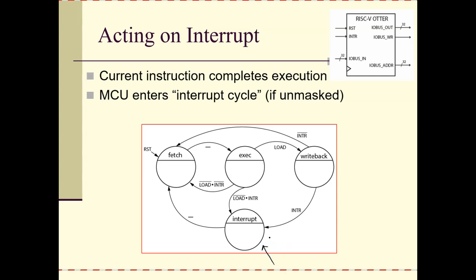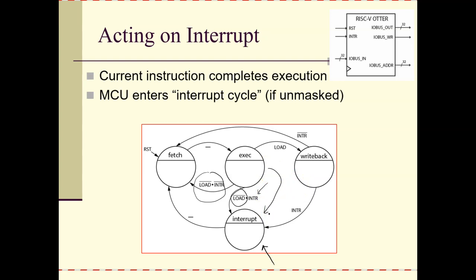What you want to take away from this diagram is a couple of things. If the instruction is not a load instruction and I don't have an interrupt, I go back and just execute the next instruction. If at the end of executing that instruction, which is not a load instruction, there is an interrupt signal, I go into the interrupt state.